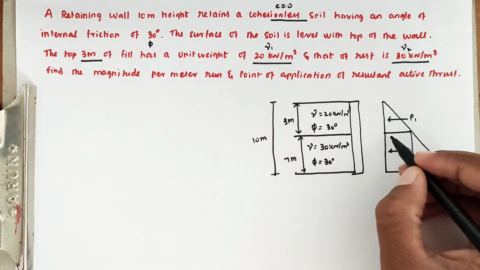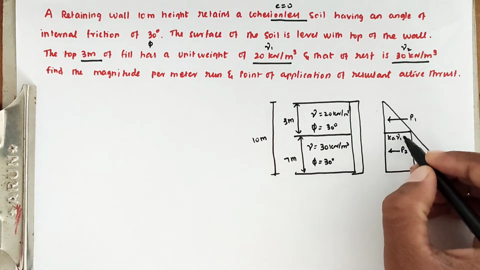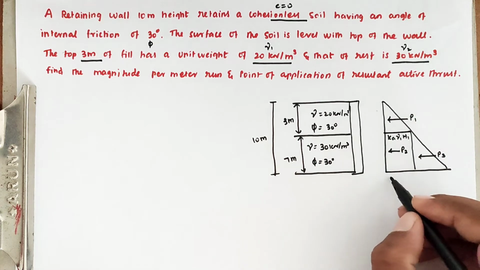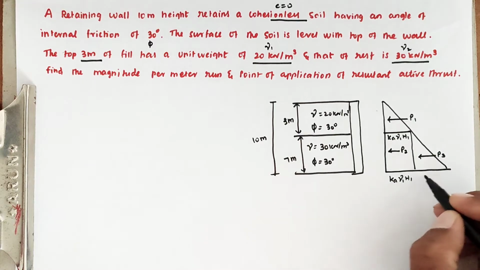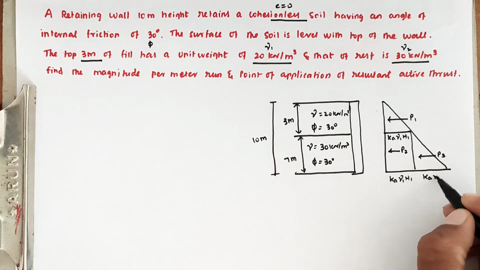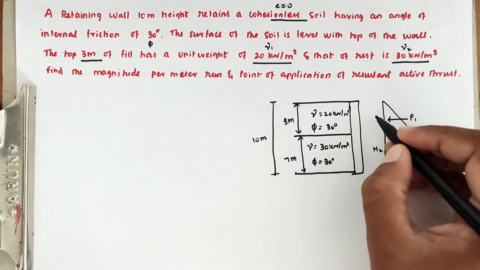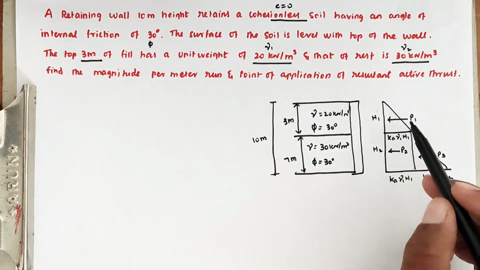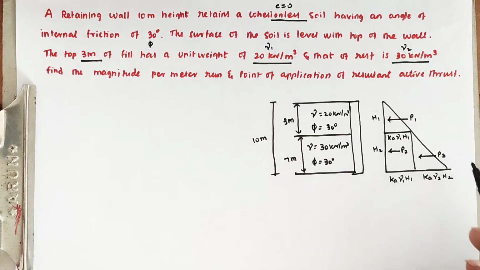Now the base dimension is Ka into gamma 1 into H1, and here also the same distance, Ka into gamma 1 into H1. Here it is Ka into gamma 2 into H2. Here is the H2 distance and here is the H1 distance. Now we can calculate the total magnitude, that is P1 plus P2 plus P3.